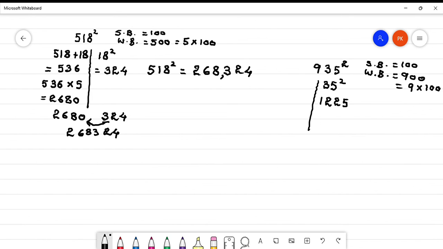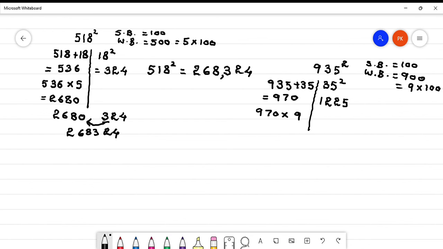On the left side of the partition, what will you do? 935 and the excess number over the working base, that is 35. So 935 plus 35, that is 970. Now, since the working base is 9 times the standard base, I'll multiply 970 by 9.